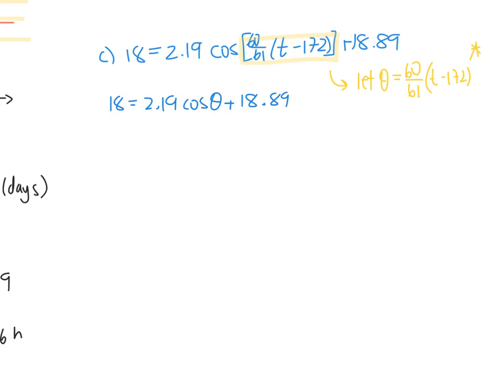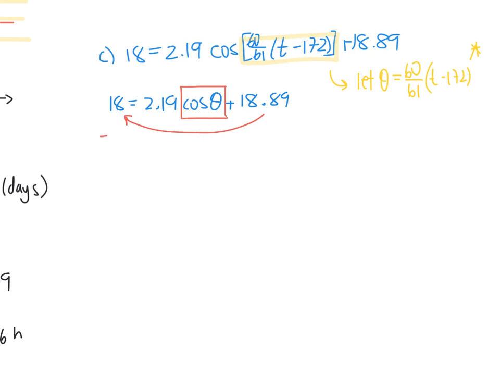Now notice our goal is to solve for theta, and we know how to solve for theta. We just have to take the cos inverse and think about our CAST rule and our reference angle and all of that stuff from solving trig equations, which means the first thing I should do is try to isolate for cos theta, which involves us first bringing over 18.89, just like you would if this were a linear equation.